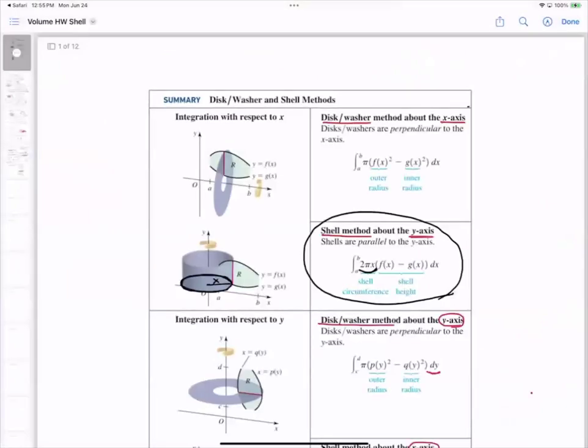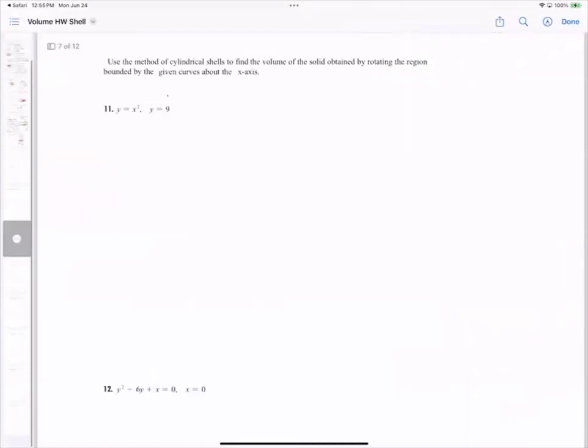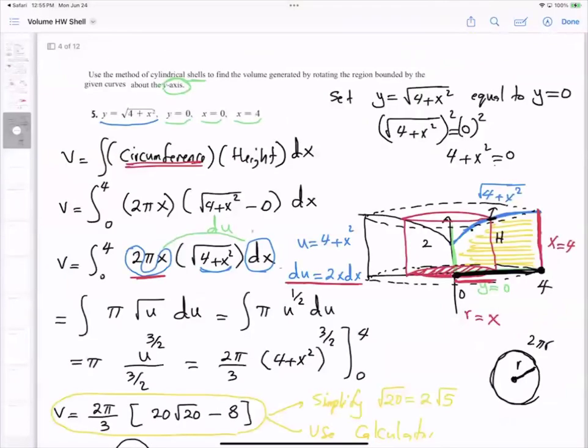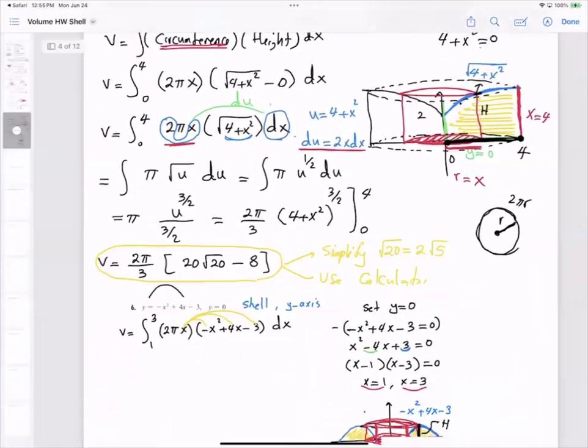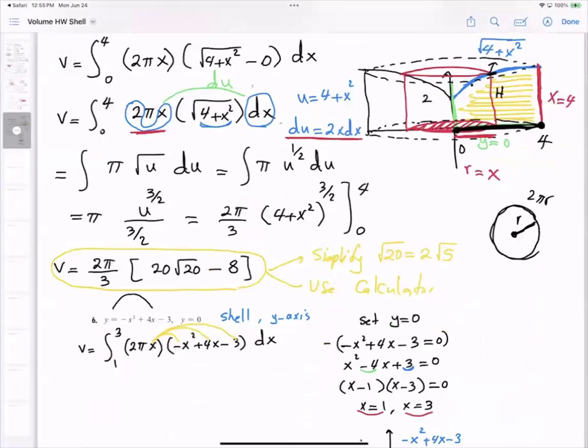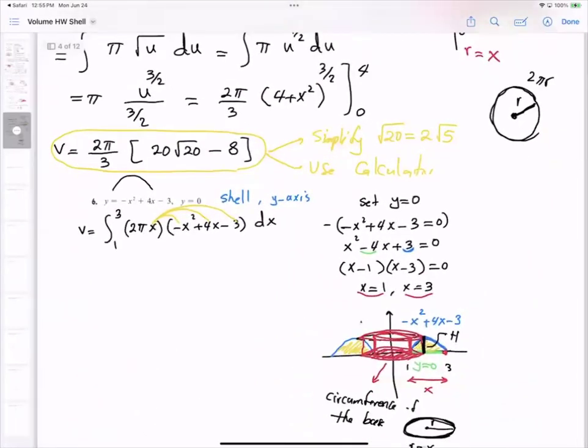Okay, let me move this a little bit. Let me save this.